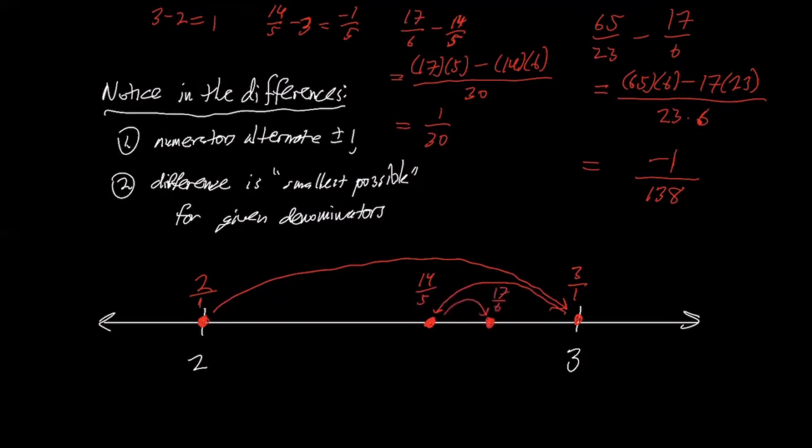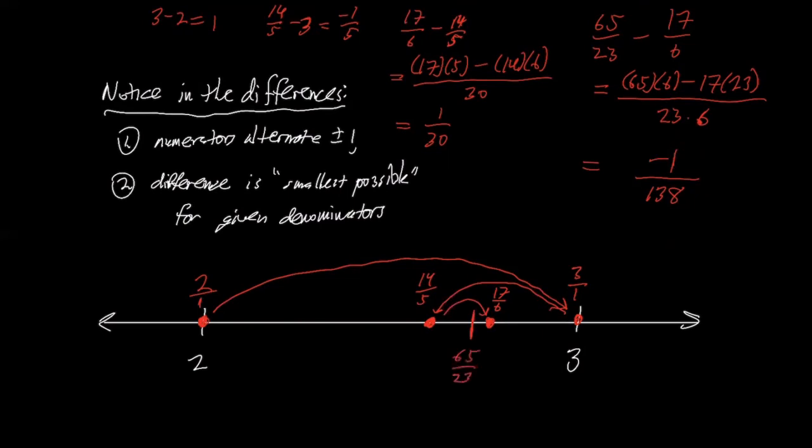And notice we go up by 1/30th to get from 14/5 to 17/6. And then the final one, the number itself, it's actually going to be closer to that one. And this was 65/23.